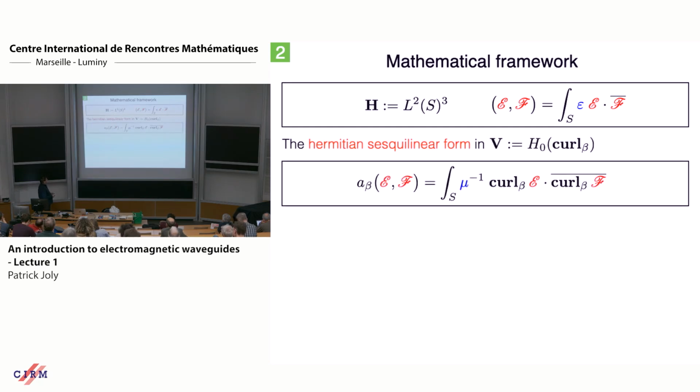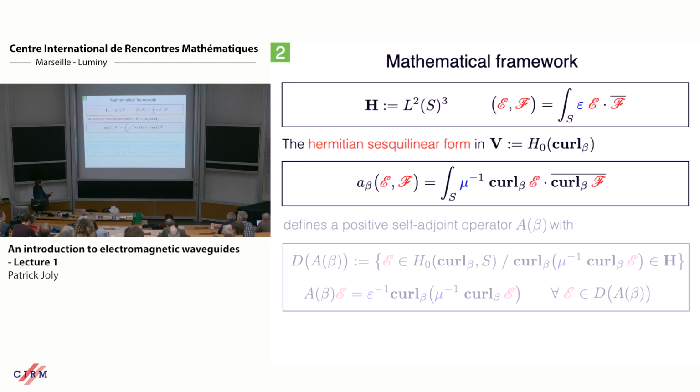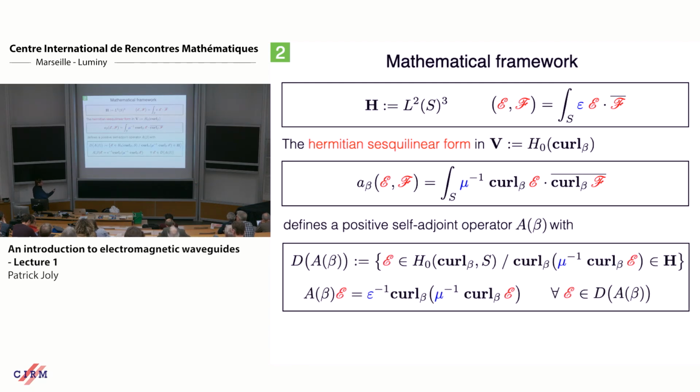So the Hermitian sesquilinear form of the weak formulation of the problem is this one. And as usual, this form defines the self-adjoint operator, which is positive, because the form is positive, and of which I have given in detail the domain, but I will not spend too much time on this. It's essentially a curl beta operator with variable coefficients.